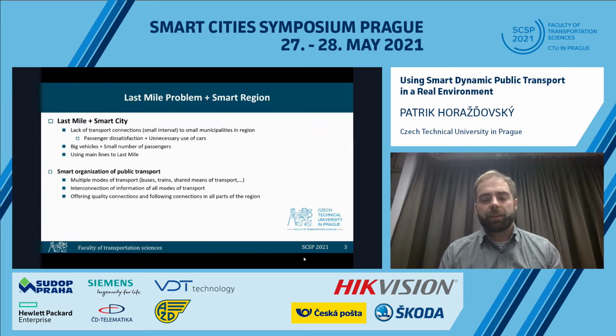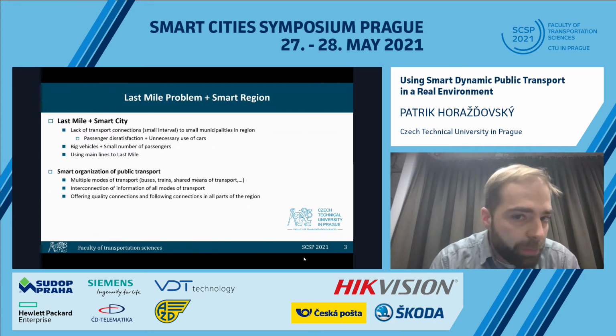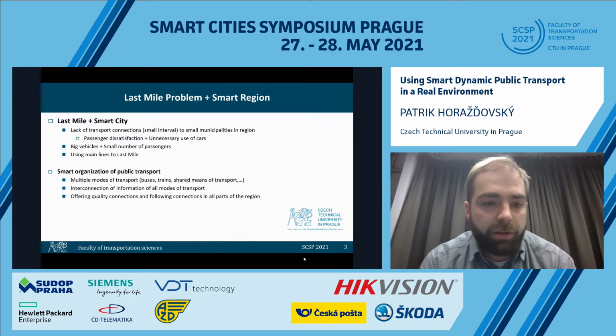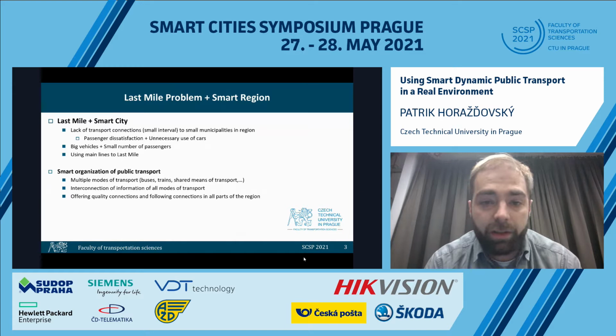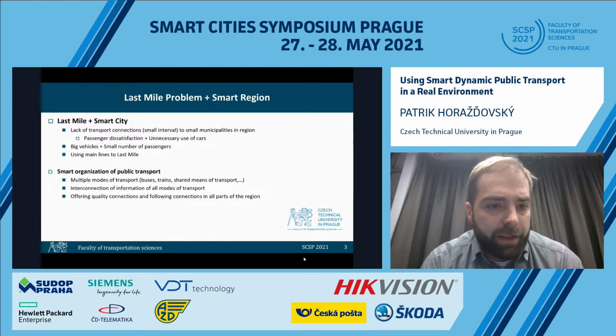The problem is known. It's the problem of public transport in the region. It's called the last mile problem and other problems, and it depends on the lack of transport connections. There are some small municipalities in the region, and it's very hard to serve them.